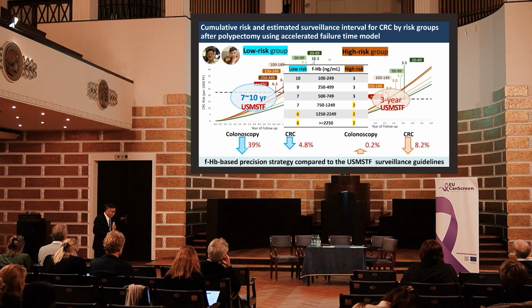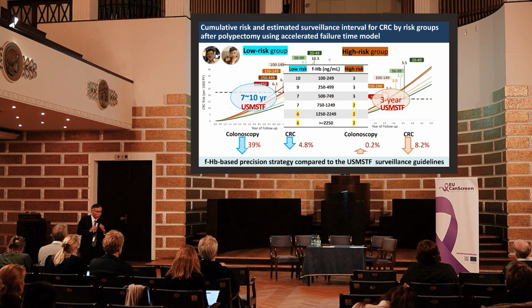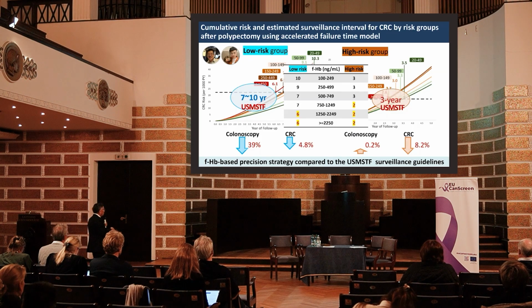The advantage is that you can save a lot of colonoscopies, about 39% here. For the high risk group, we still follow the guideline. If the interval is greater than the guideline, we just follow the guideline, so you cannot get a colonoscopy saving there; it is almost the same. But the benefit is that the risk of CRC can be reduced for the high risk group.